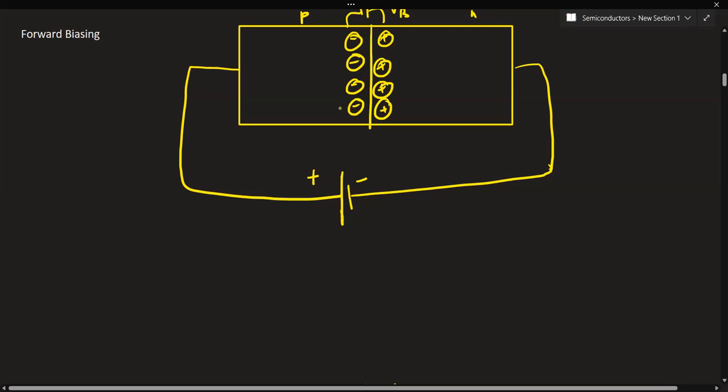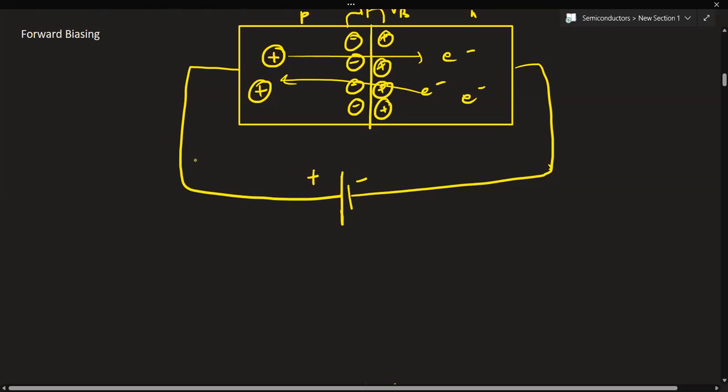Now see what will happen. Flow of majority charge carriers will occur: the holes will be pushed up because of repulsion between positives. Similarly, electrons are over here, and electrons will be pushed up because of repulsion between negatives. So electrons will move.